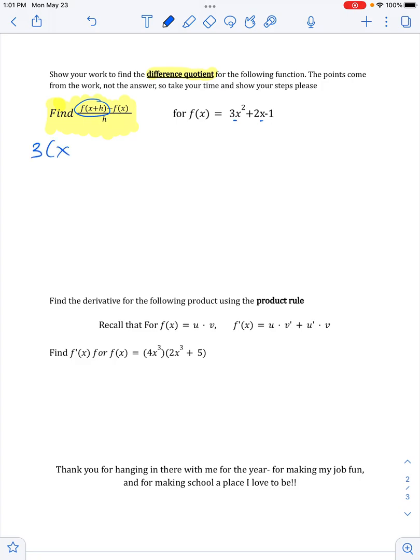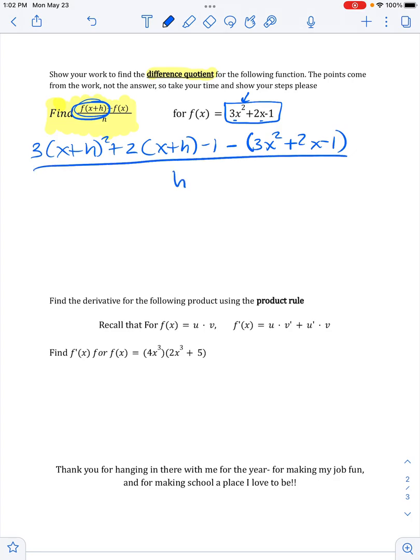So I've got the 3, x plus h, and that's getting squared, plus 2, and then x plus h, and then minus 1. That's plugging in the x plus h everywhere there is an x. Then I subtract the original function, which is this entire thing. And then I toss it all over h. And then you're going to need to FOIL, distribute, combine, cancel.